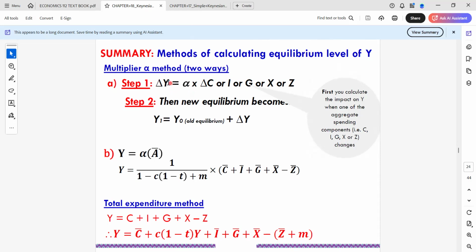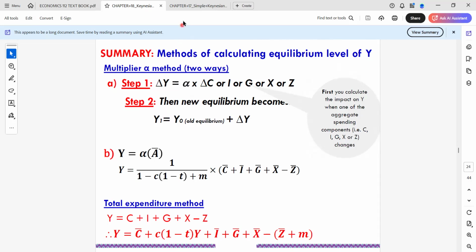And then after that, the answer that you get, you're gonna say now the equilibrium income, the new one that you're calculating for, is equal to the old equilibrium income plus the change in your income. Then you're gonna get the new equilibrium income, right? Yeah, that is confusing. Even I don't understand myself.